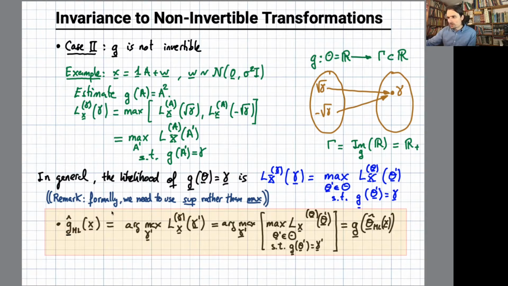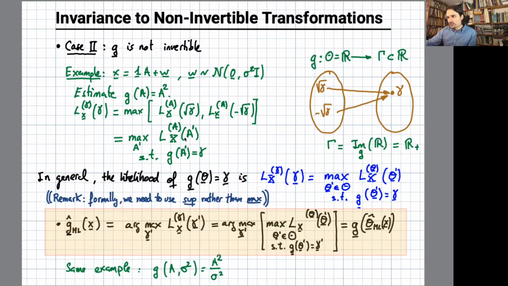So we found exactly the same relation as in case 1, okay? The maximum likelihood estimator of a function of a parameter equals the function of the maximum likelihood estimator of the parameter, okay? So it's again very easy to remember.